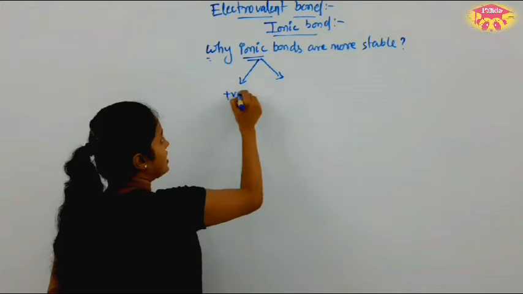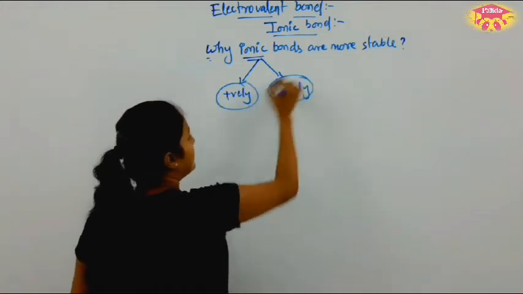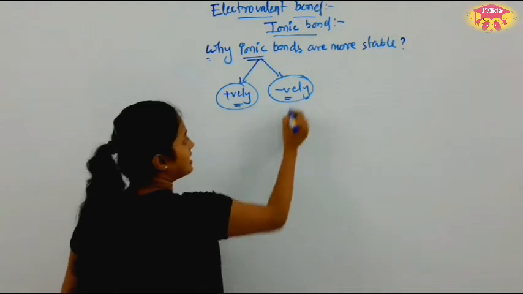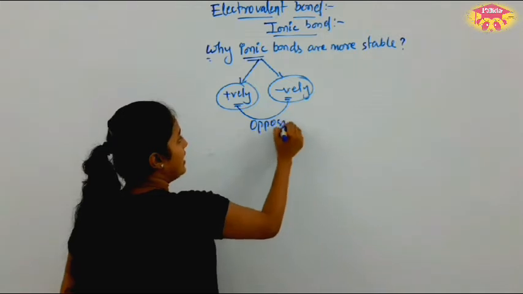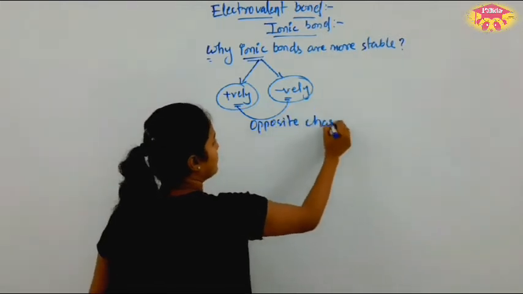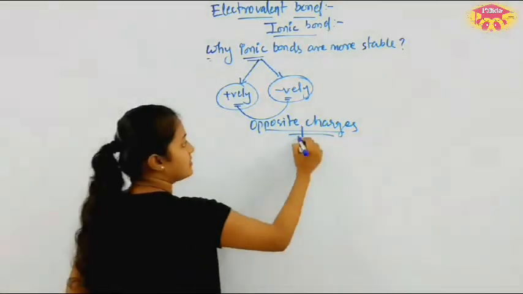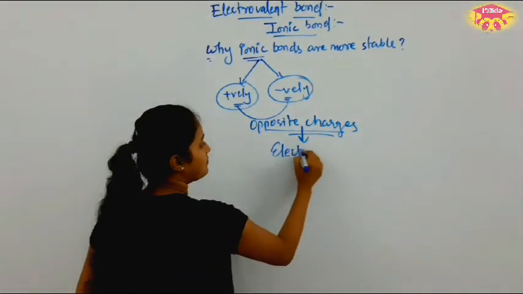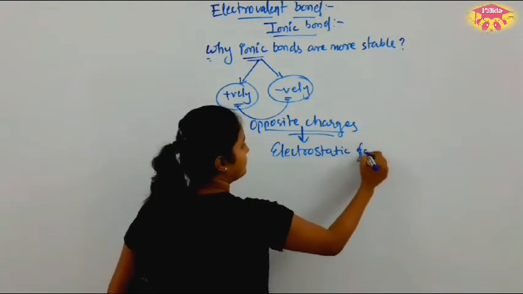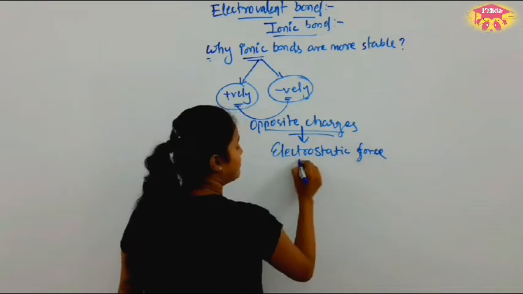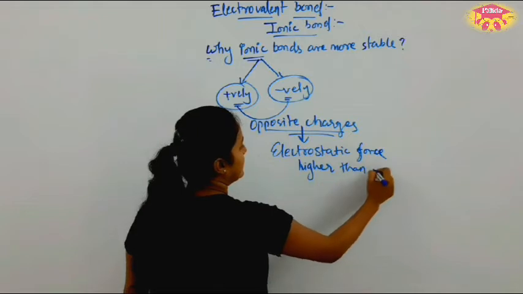They are the positively charged and the negatively charged, and these are of opposite charges, right? And we know that the electrostatic force between opposite charges is much higher than others.